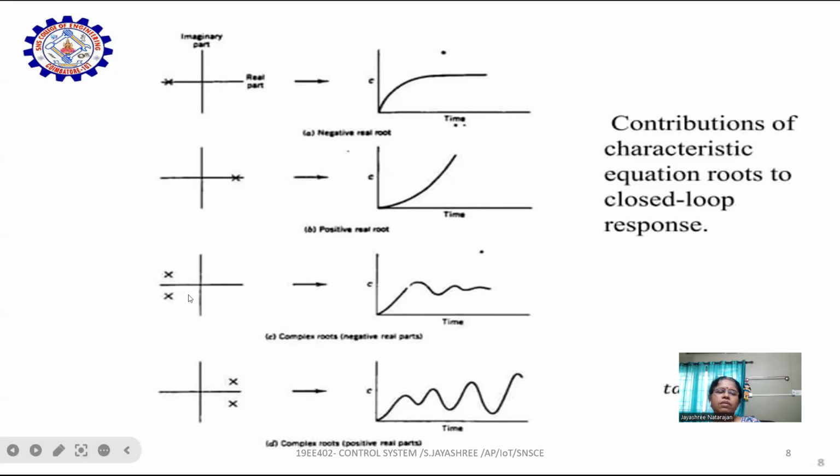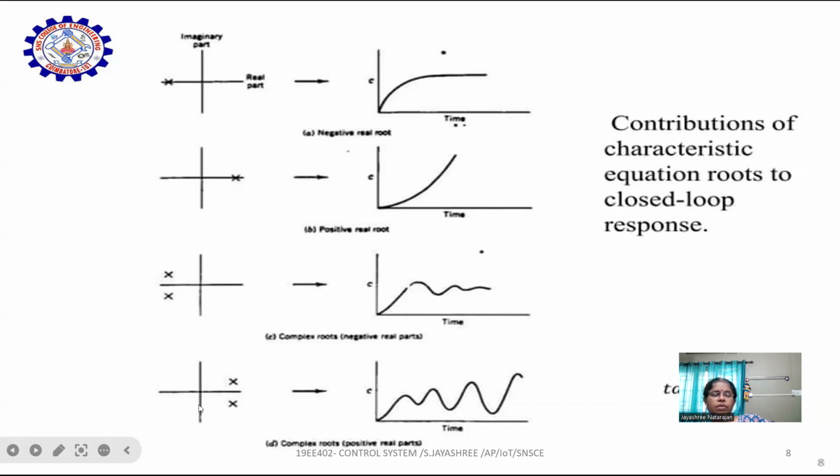Then if the roots have a negative real part, with imaginary roots present on the left side, then the system is stable.